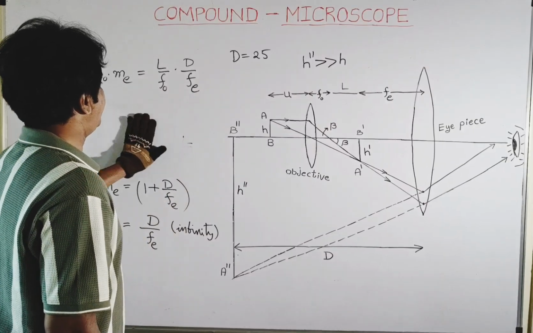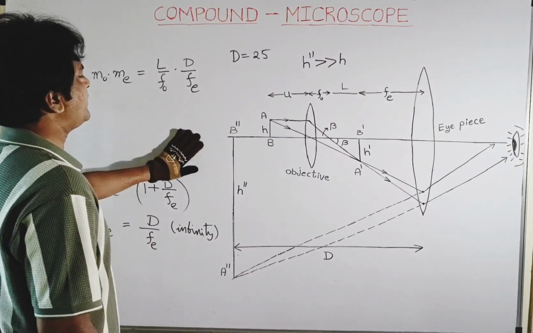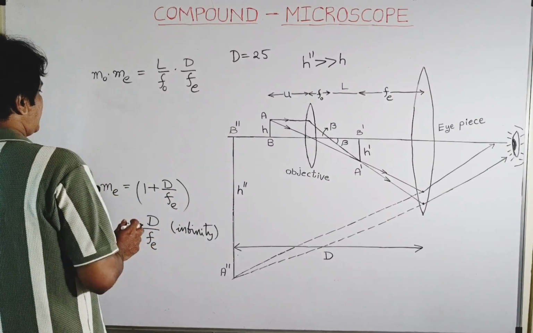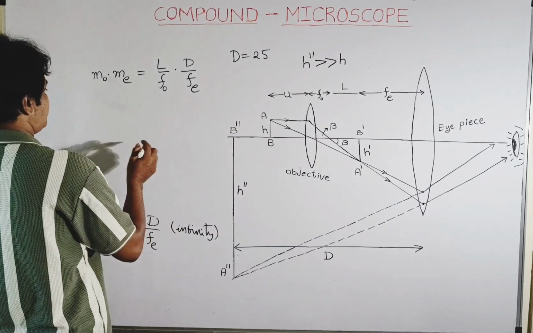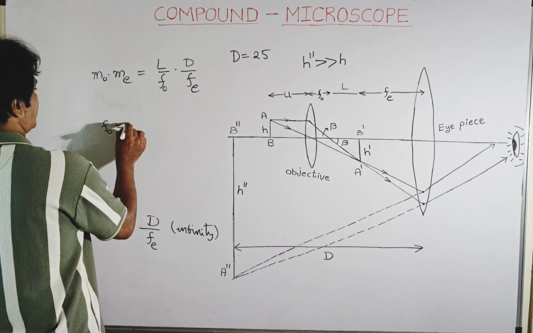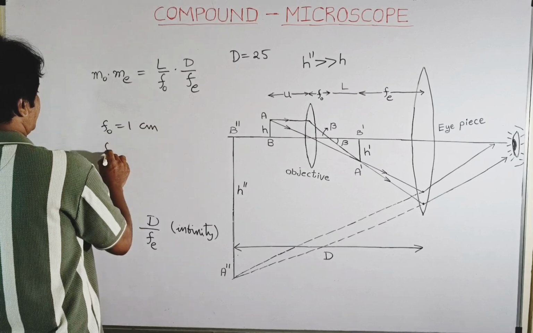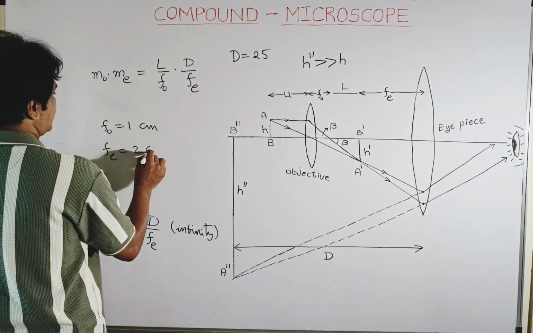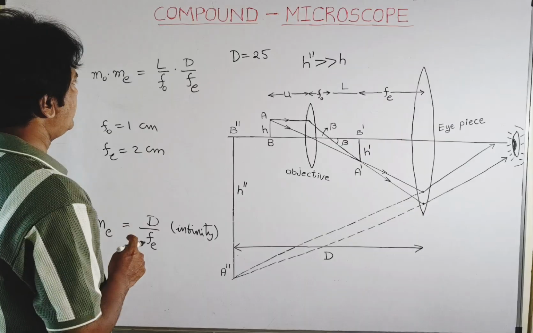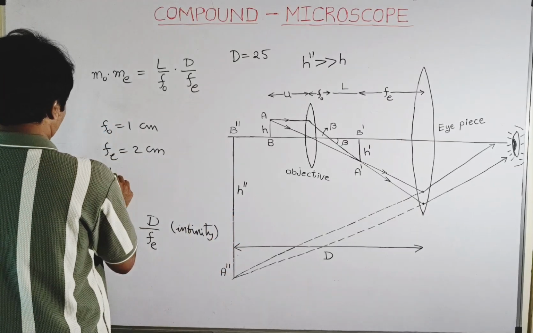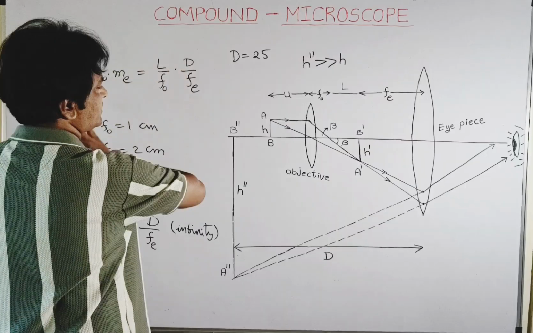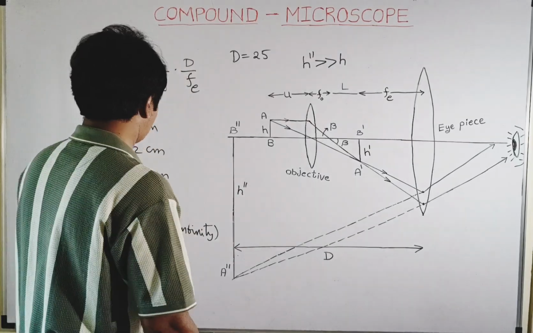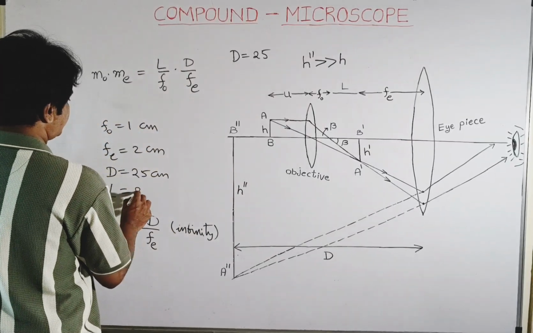To understand it better, we will see a numerical example. Consider the focal length of the objective lens f0 equal to 1 centimeter, the focal length of the eyepiece 2 centimeters, the least distance of distinct vision 25 centimeters, and the tube length or microscope length 20 centimeters.